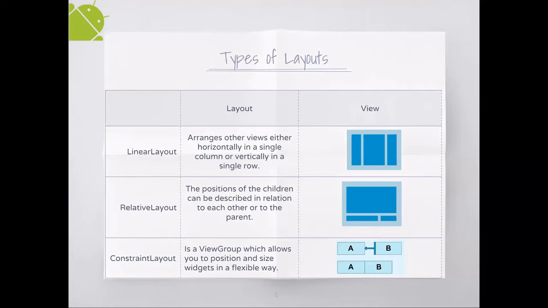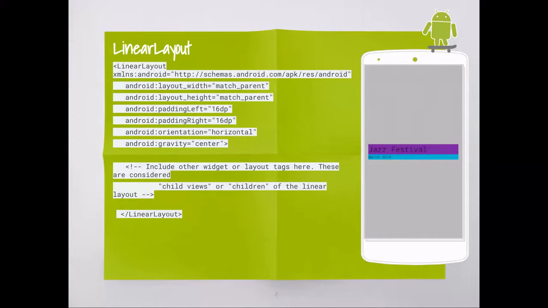As you know, when you are using a linear layout, you need to define a tag which will be opening this component, and you can define different attributes, right? Like the orientation, the layout width, the height.